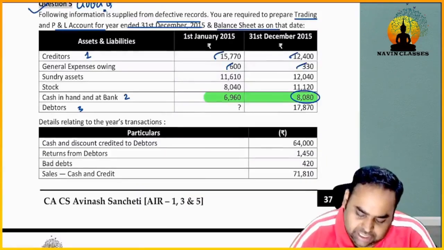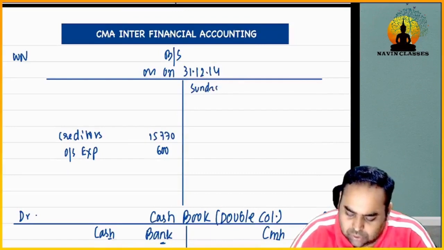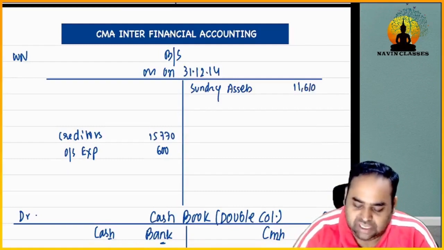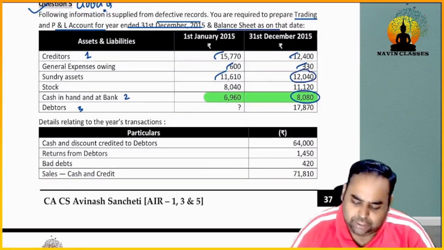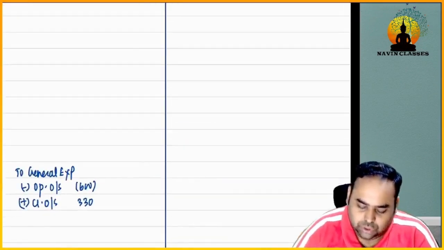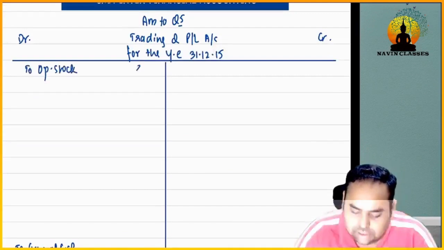Now next we have sundry assets. It's saying about fixed assets. So I'm writing opening balance and we'll hold the closing one. Means I'll hold closing balance for now and we'll see later. Opening stock and closing stock. To opening stock 8,040.